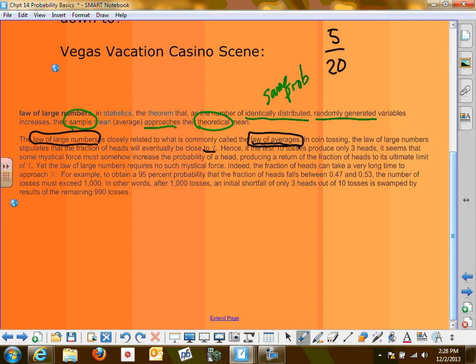Or you may think, it's supposed to average to 50-50, and I've only gotten 5 heads on the coin, so I bet you I'm due some tails because it's got to average out to 50%.